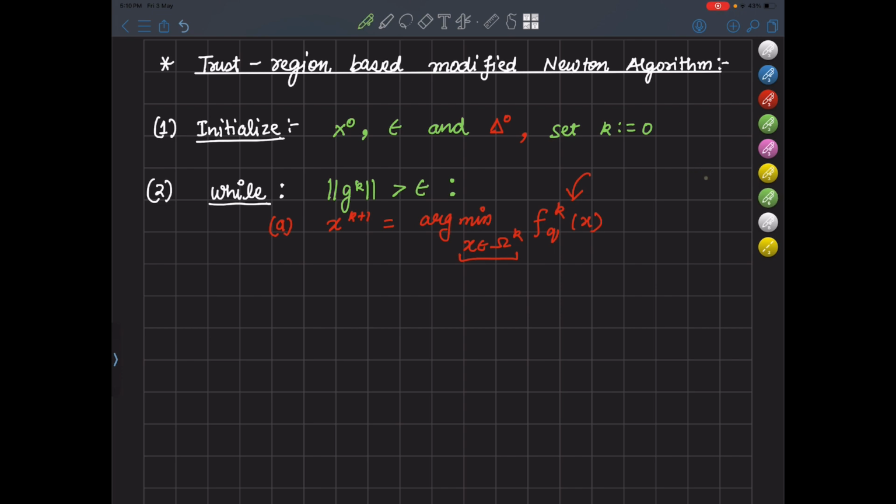If the optimal value of this quadratic function lies within the region of trust, then we just use this, we'll get it in one single iteration using Newton's method.